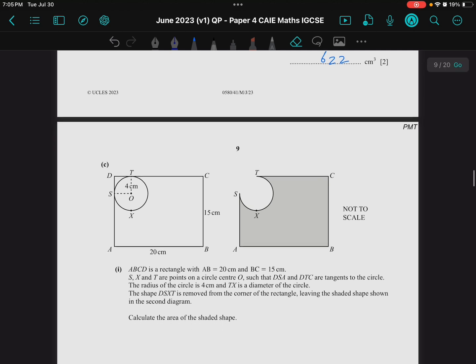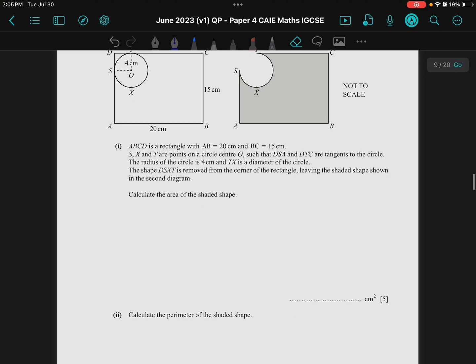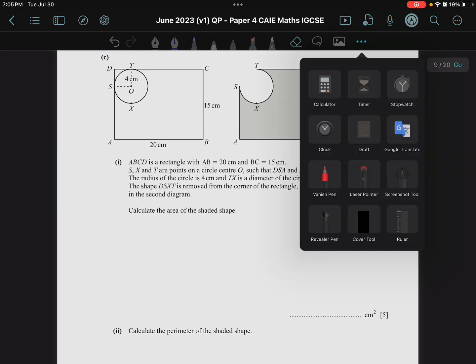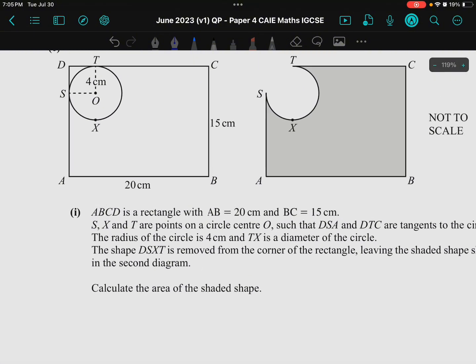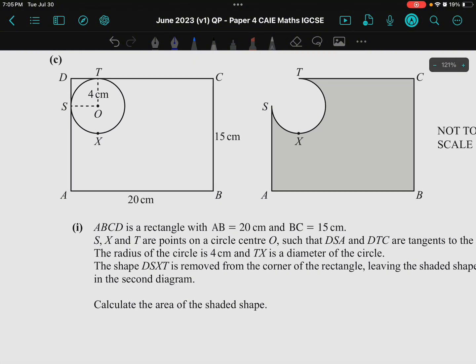Okay, so now coming to part number C of this question. It says ABCD is a rectangle with length AB equal to 20, BC equal to 15. S, X and T are points on a circle center O such that DSA and DTC are tangents.